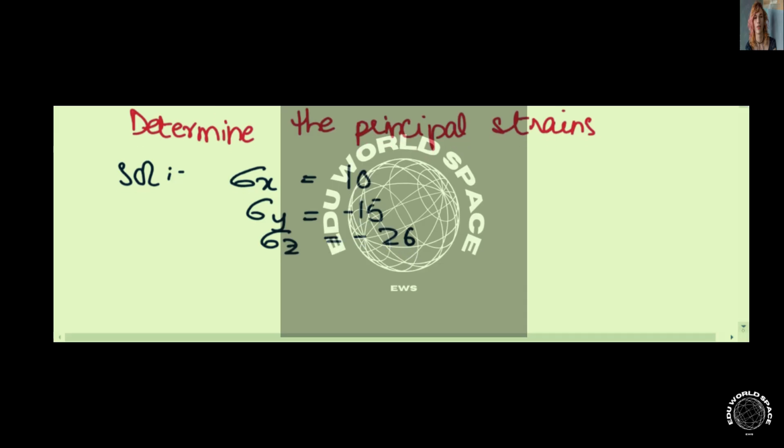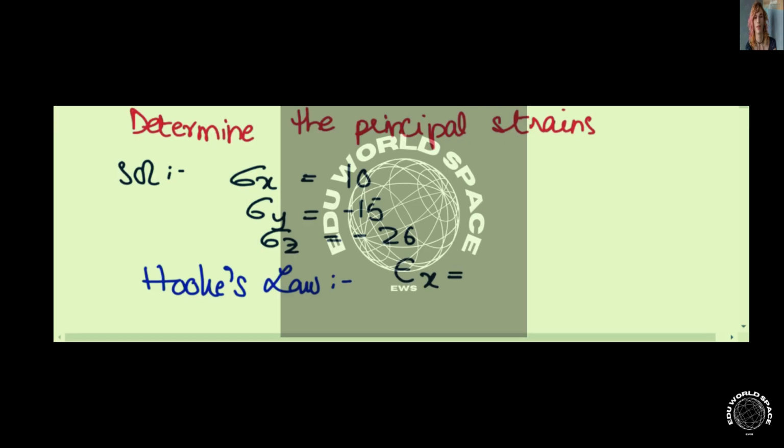So what we are going to do from here is use Hooke's law for each case, and we'll get that the strain in the x direction is equal to 1 divided by the elasticity of the graphite, right?